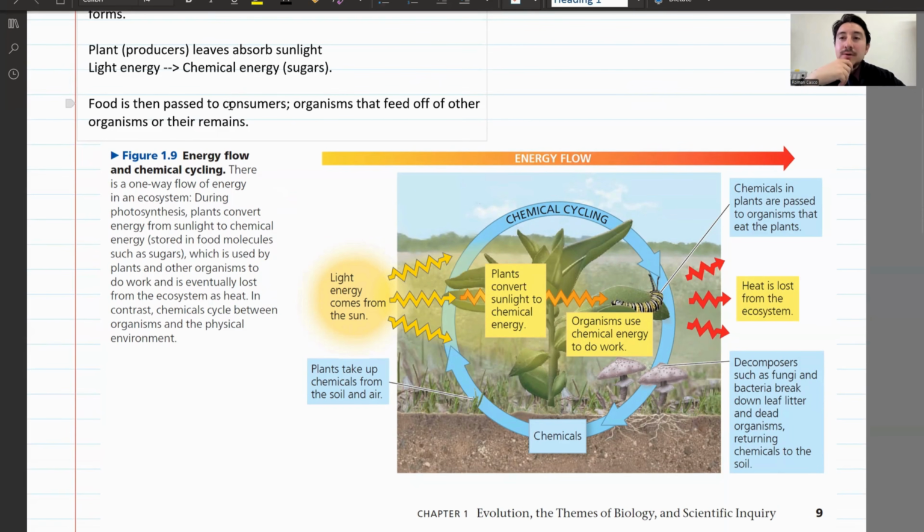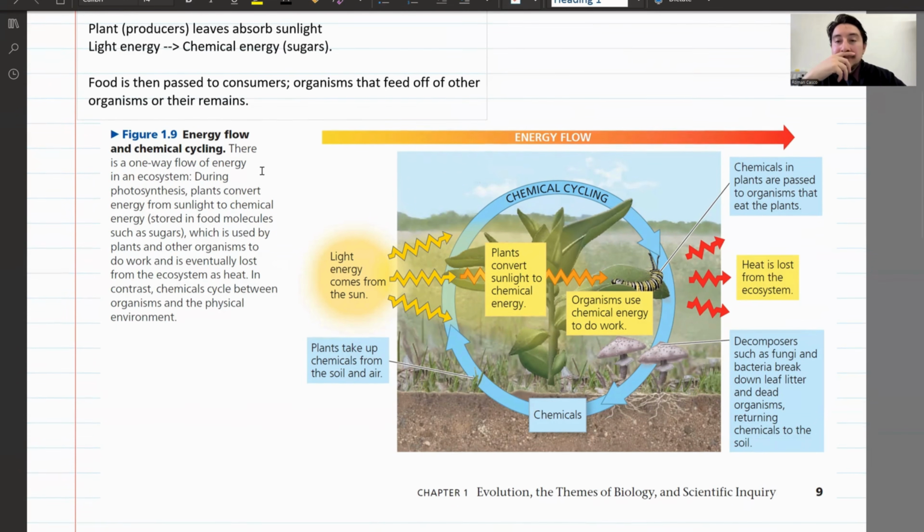Humans and animals cannot directly produce glucose with light, but we consume organisms that do. Light energy is turned into chemical energy in food, and that form of energy is passed on to consumers, basically us, heterotrophs.